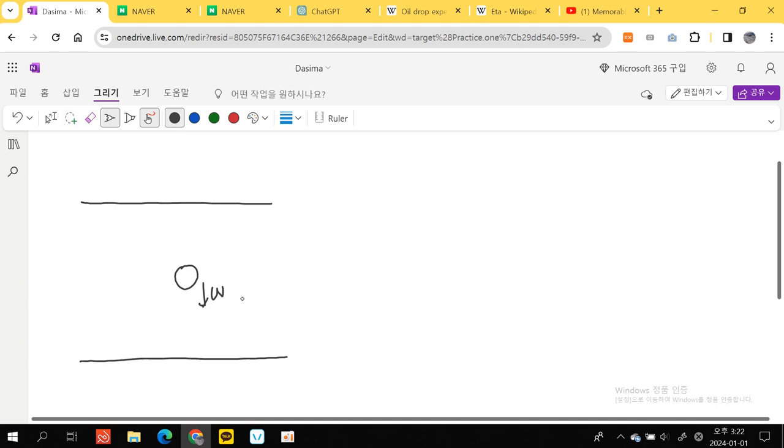And in this case, the drag force will be applied opposite gravity. And because the shape of the droplet is a sphere, the volume of the drop is 4 over 3 times pi r cubed, and the apparent density and gravity are multiplied to find the weight of the oil drop.